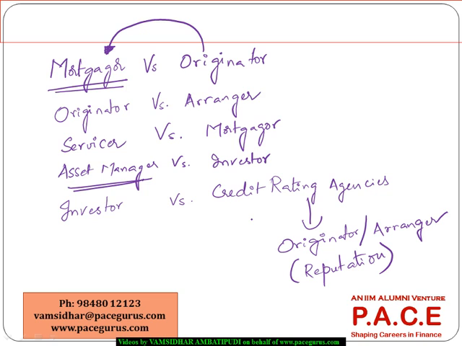and every player has to be aware of that, and they have to act accordingly. So it can involve right from the borrower to the originator to the arranger to the asset manager to the rating agencies.